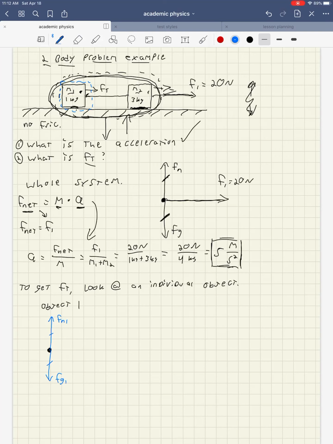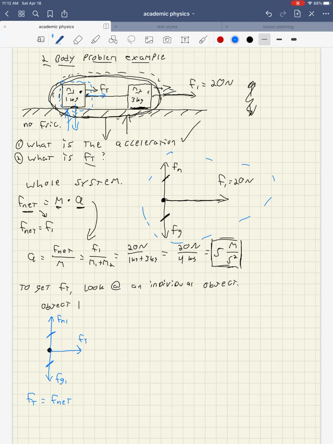Those are going to cancel out, again, because we know it's not falling through the ground. It's not being launched upwards, so they're going to cancel. And it's being pulled along. What's pulling it along? Well, there's only one other force interacting with it, and that's my force of tension. So just like we did up here, if I've got this force and this force canceling out, that means my force of tension is my net force.